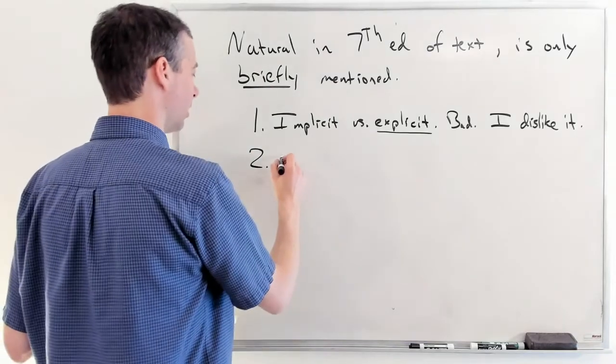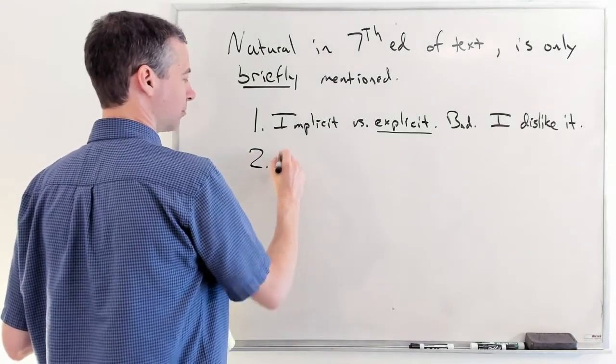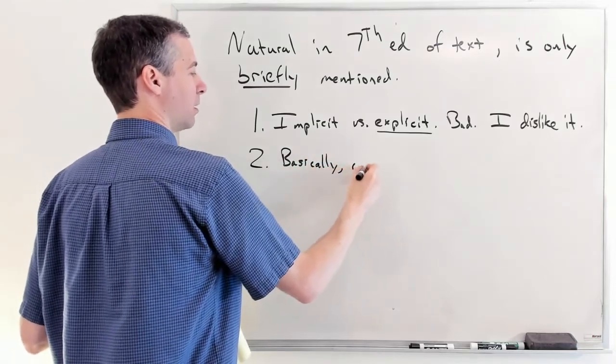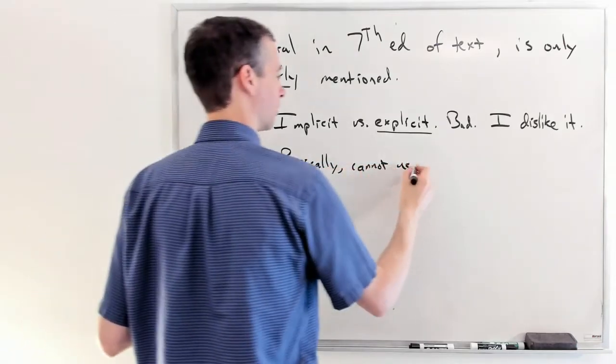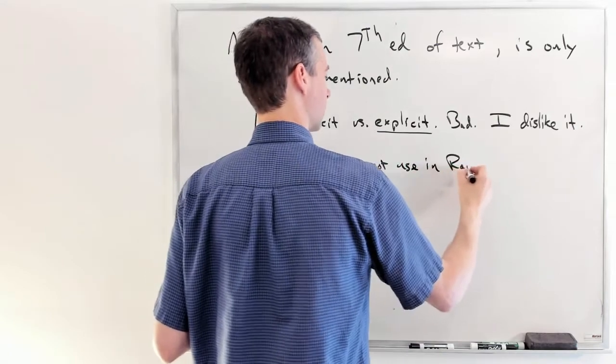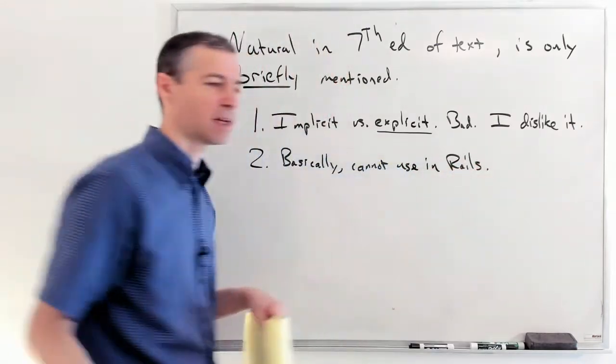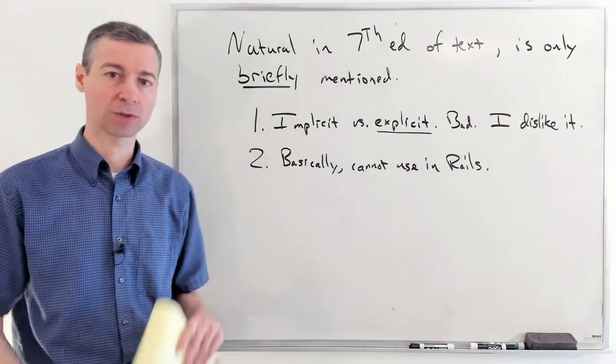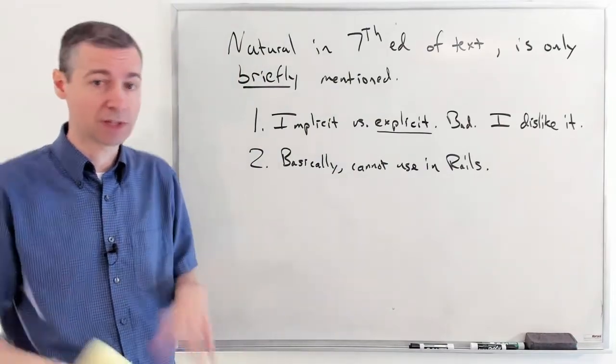Well, basically you cannot use natural joins in Rails. Now, that's not saying that if you had a database that was designed around the idea of natural joins, you couldn't do natural joins in Rails. That's not the case.